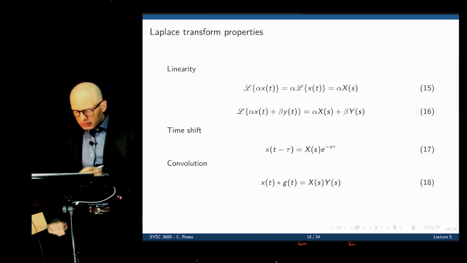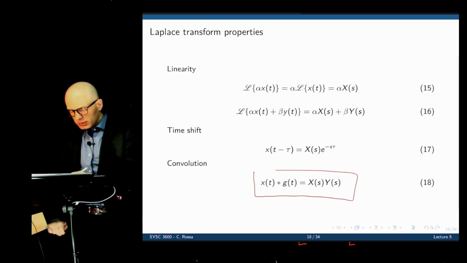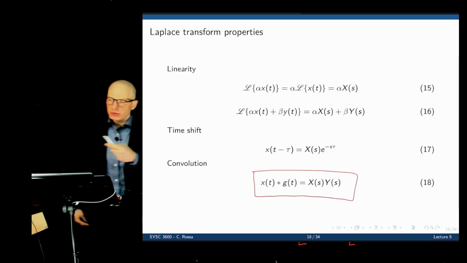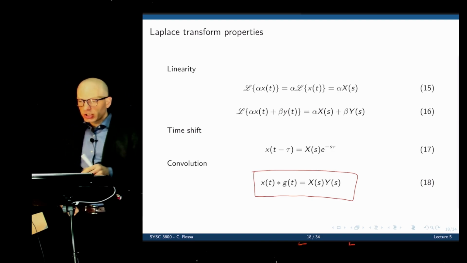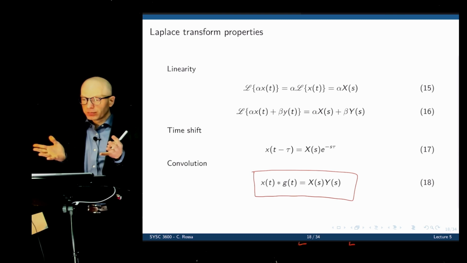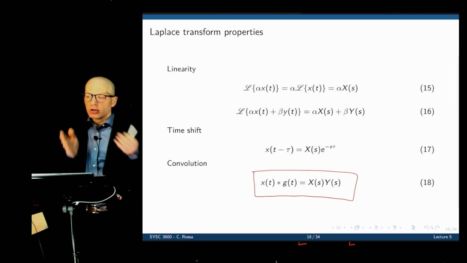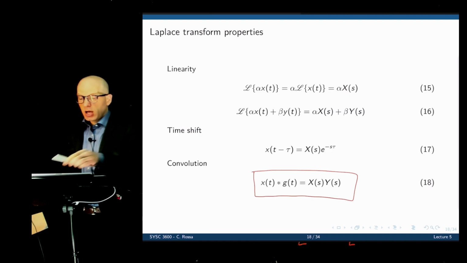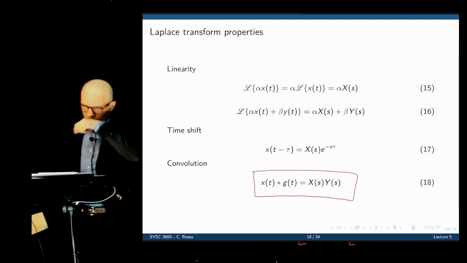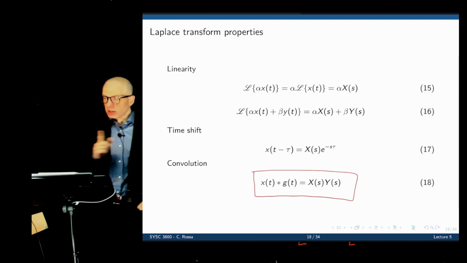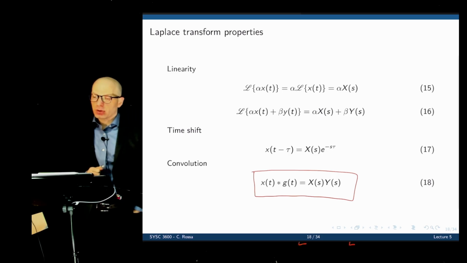And the last property is the convolution. Instead of solving for the convolution integral as we did in lecture 2, all we can do here is to multiply 2 signals, and that is equivalent to convolving those 2 signals, which makes things a lot easier to solve for. For example, if in this circuit we were dealing with an input voltage that was a step input, we have the model.